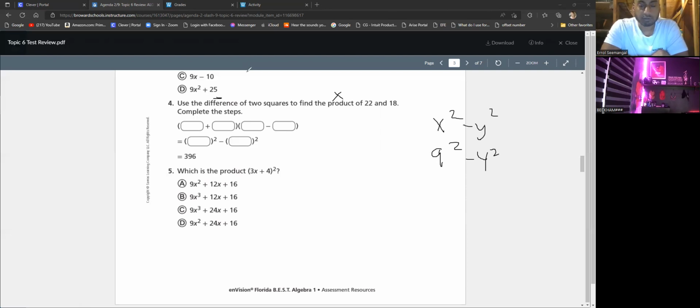What number are we trying to get to? 396. No, the 22. Oh, okay. So it's not that one? No, we got to think about perfect squares. 1 squared, 2 squared, 3 squared, 4 squared, 5 squared, and the rest of them. One of those.